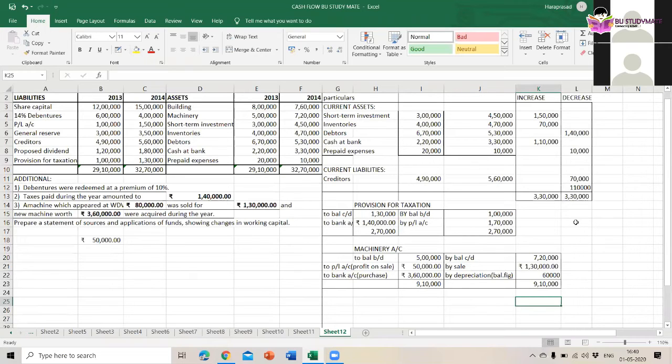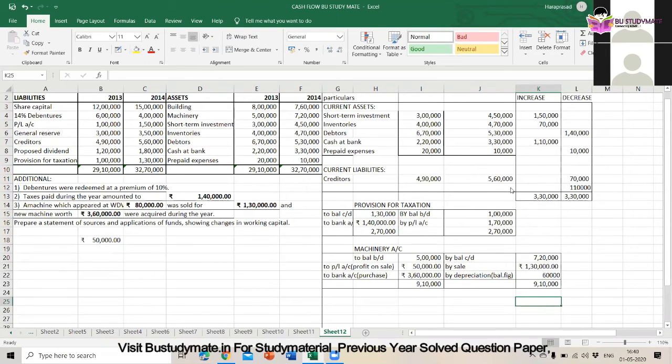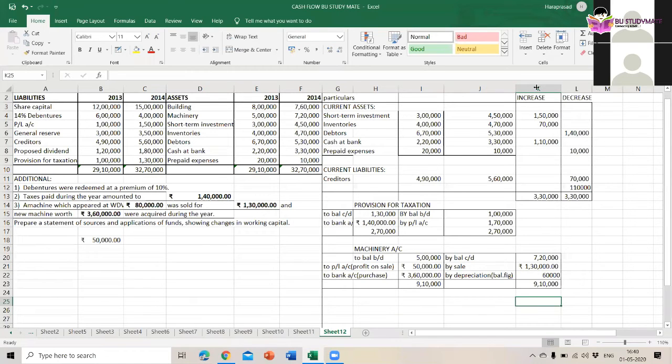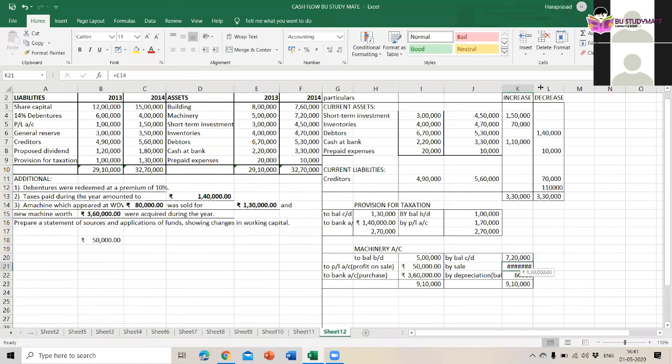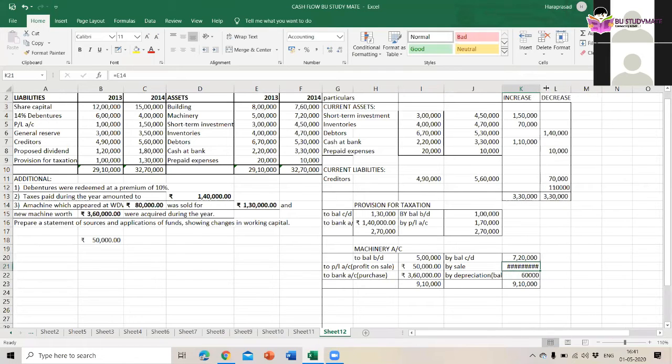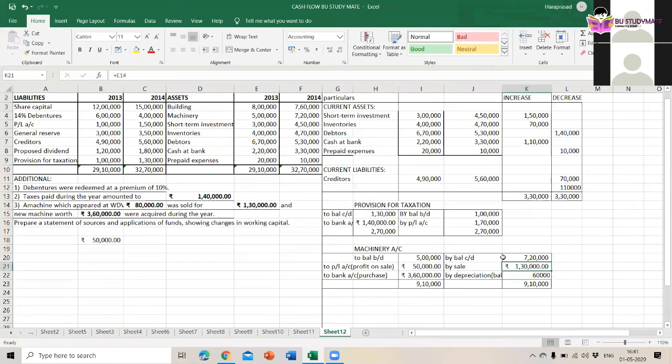Here, by depreciation is the balancing figure.